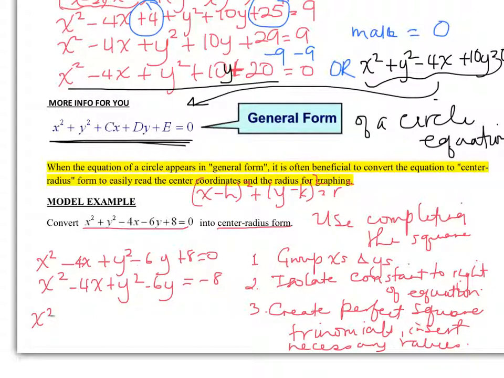So I'm going to put information here. We're going to insert a value there, plus y squared minus 6y, and we also have to insert a value there. And then if we do that, we have to do the same thing to the right hand side.